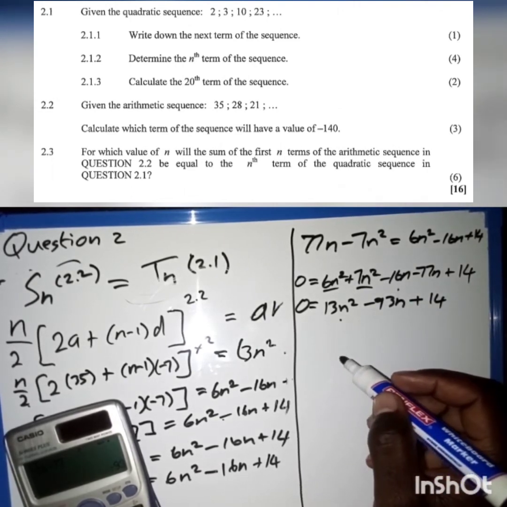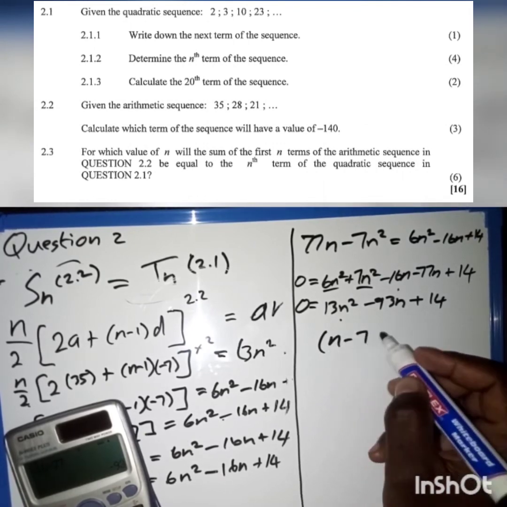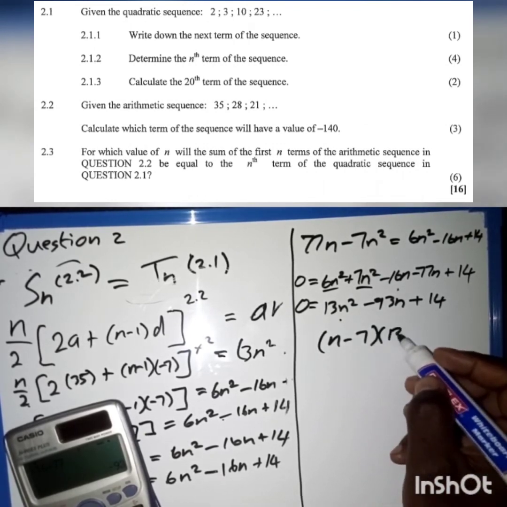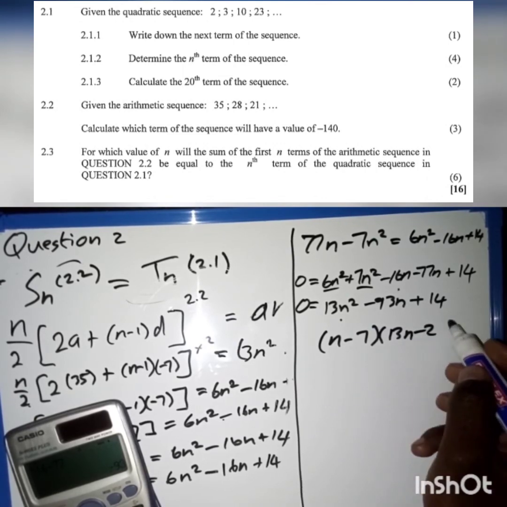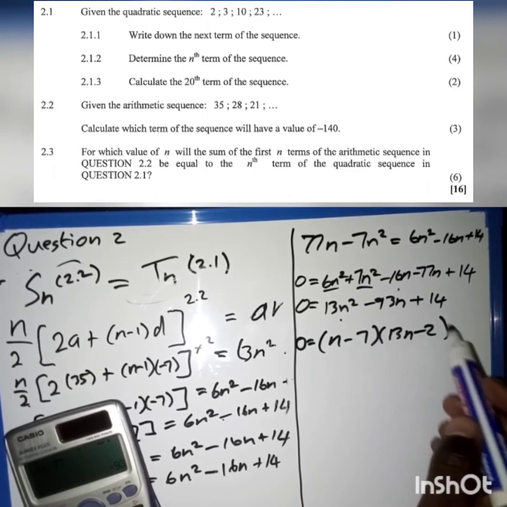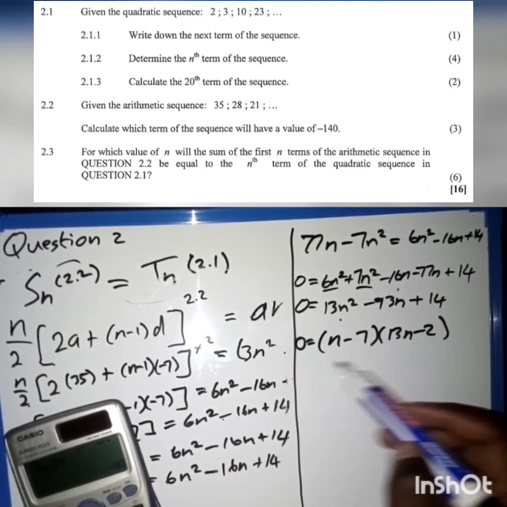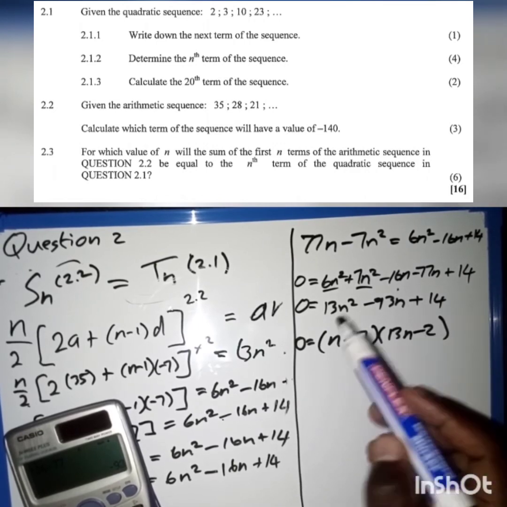So I can simply factorize by saying n minus 7 and 13n minus 2. This is equal to 0, or I can use my calculator or quadratic formula to find the value of n.